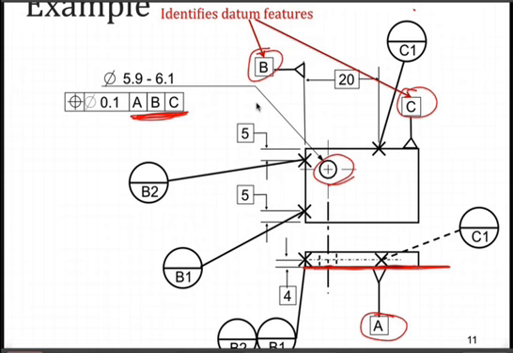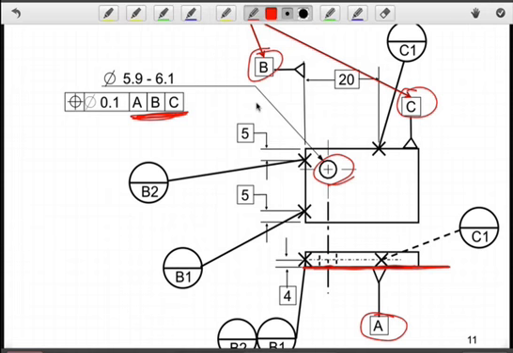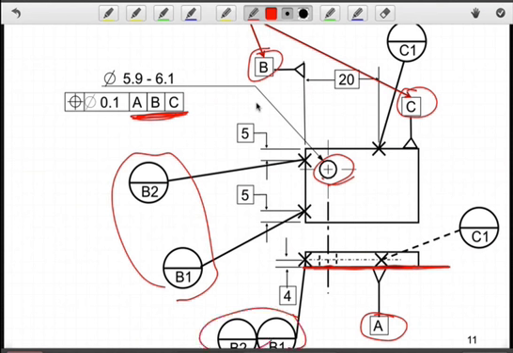The addition of the datum targets gives you more detailed instructions as to how that datum will be established. So for instance, for B, we see 2 points, and those points show up both the top view and the side view here. And it gives us a basic dimension telling us where those points are.